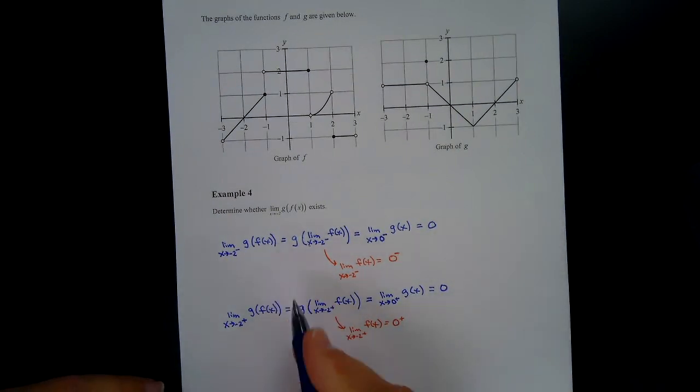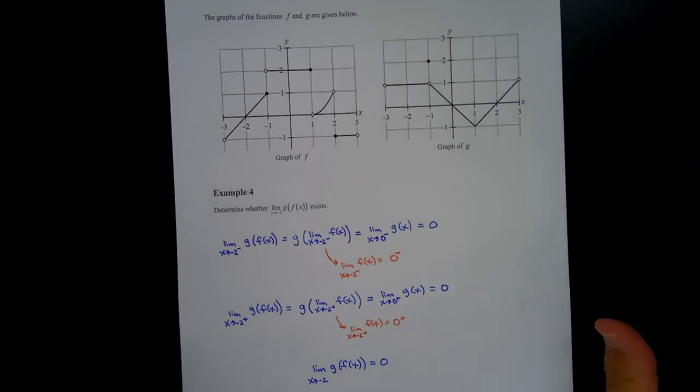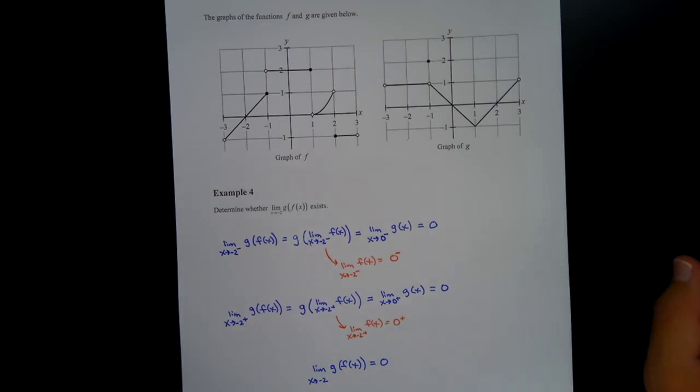So that means this limit exists. And so the limit as x approaches -2 of g of f of x is equal to 0. And that's the answer to that problem. Okay. You're probably going to have several that look something like this, these composition ones, on tonight's homework.